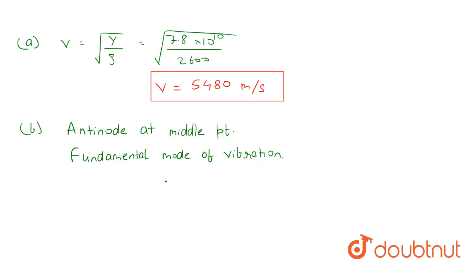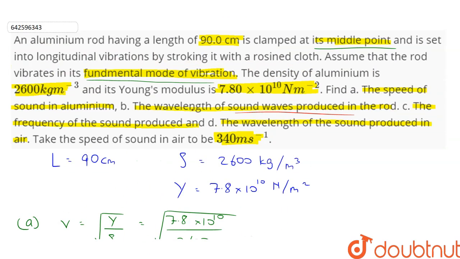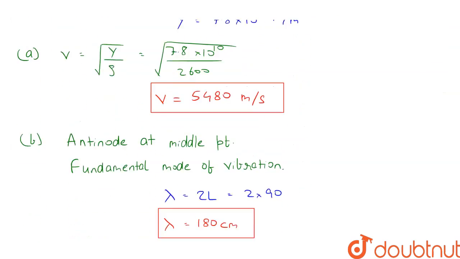Therefore, the wavelength lambda is equal to 2L and L is equal to 90 centimeter. Therefore, the wavelength lambda is equal to 180 centimeter. This is the wavelength of sound produced in the rod.